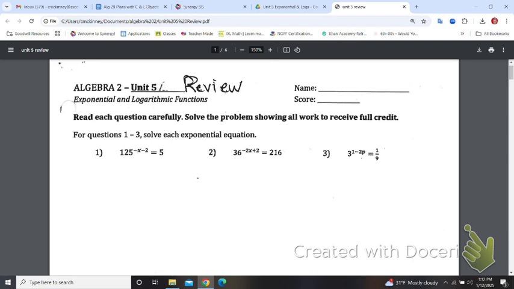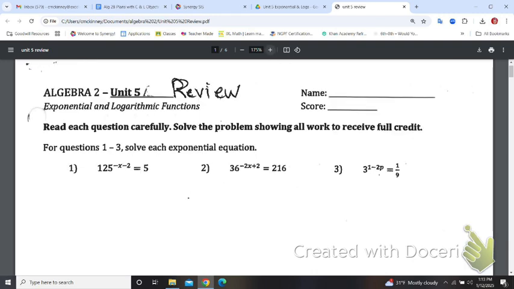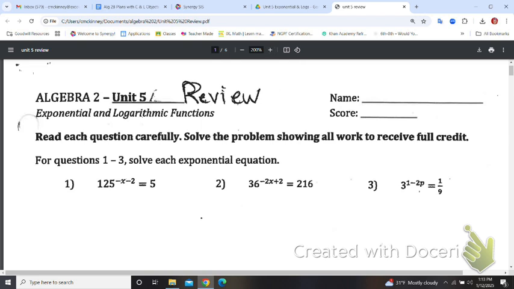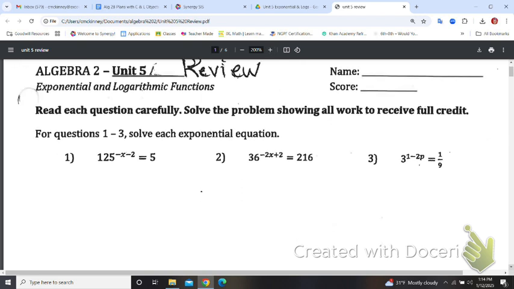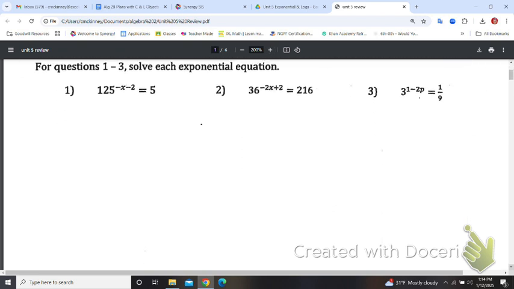So exponential equations, I hope that you remember that we must have the same base, all right? So if we don't have the same base, we can't just jump in and start trying to solve. So first we have to find the same base, and typically that means we're going to have to go down to a smaller number.